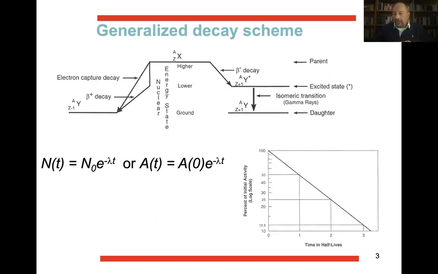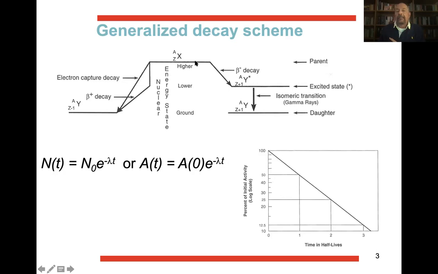So the decay, of course, you know already the basic radioactivity. This is only as a reminder, because we will see a slightly different state. This is a generalized decay scheme. Generally, what happens is that when you have a given compound AZX, you can have electron capture decay or beta plus decay, and it goes into this compound.